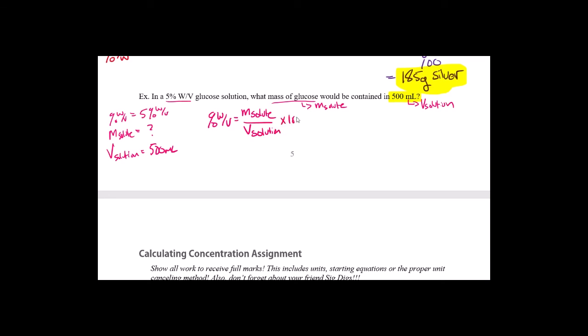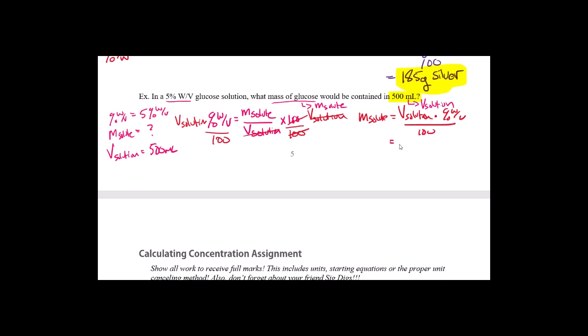Don't forget about the times 100. So to get M solute by itself, I need to divide by 100, both sides, and then multiply by V solution. Multiply by V solution. Those guys will cancel there. So then my M solute is equal to V solution times my percent divided by 100.